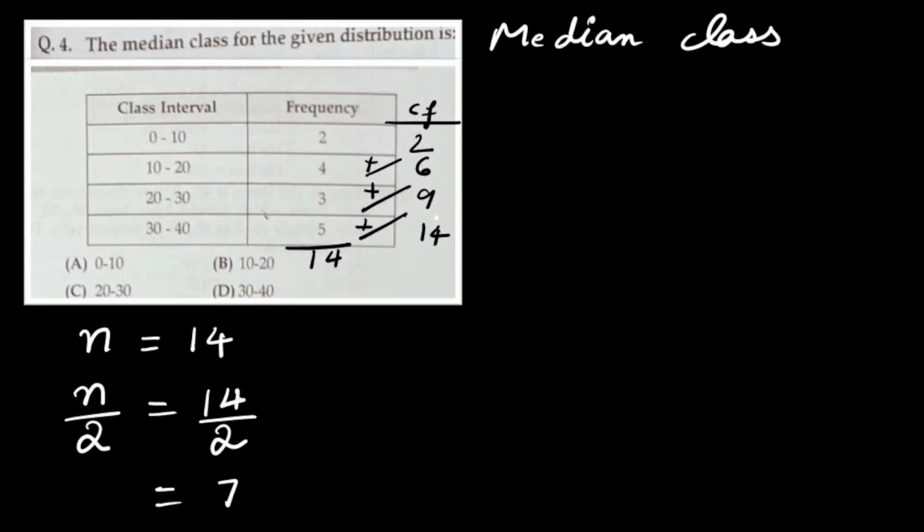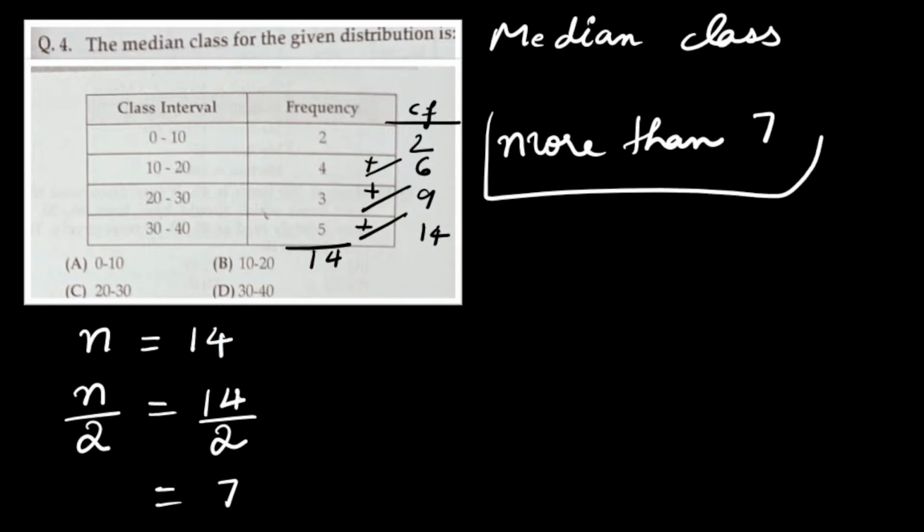Now in cumulative frequency you have to see that particular frequency which is more than 7. First of all, you have to find cumulative frequency. After finding cumulative frequency, you just have to find n by 2. Now you have to find that cumulative frequency which is more than 7.